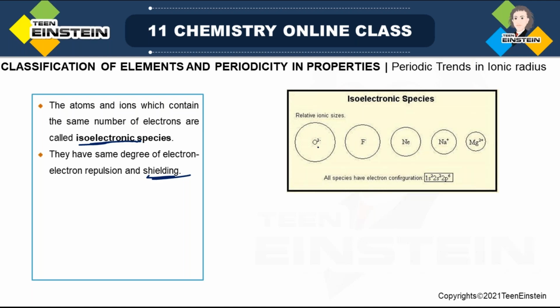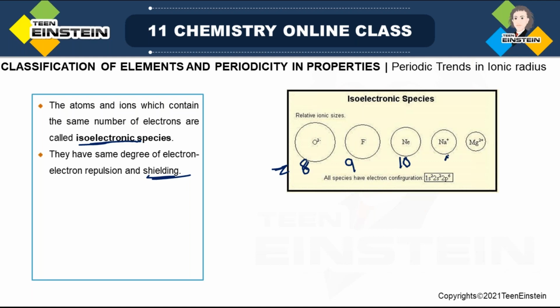Here we have taken some ions. First we have taken oxygen, its atomic number is 8. For fluorine, it is 9. For neon, it is 10. I'm talking about the neutral atom. Atomic number is the Z value.